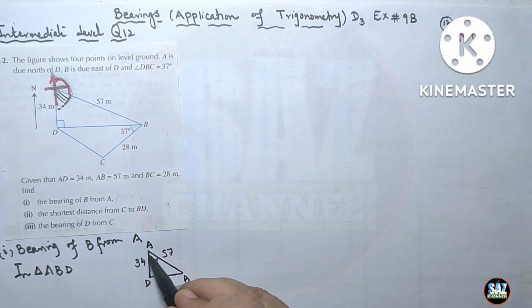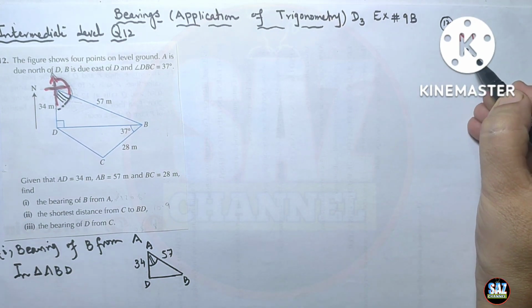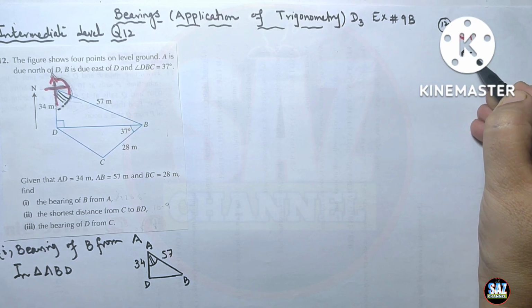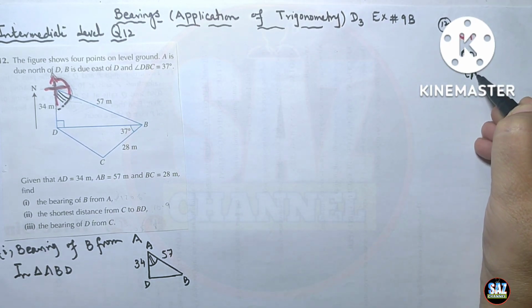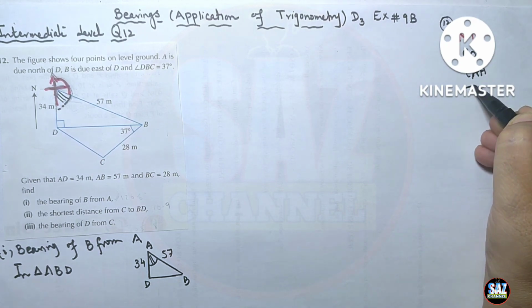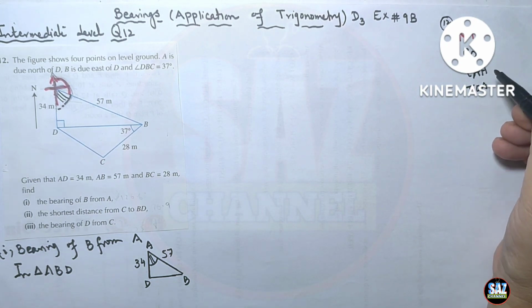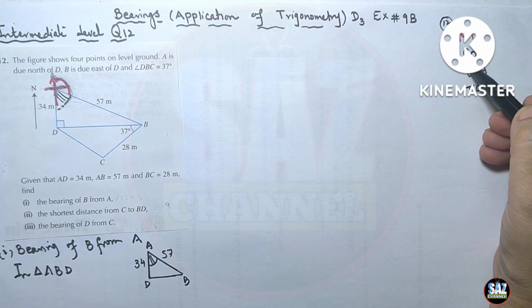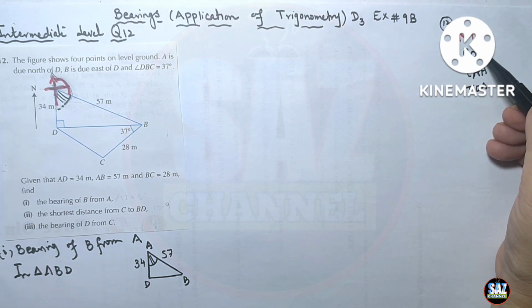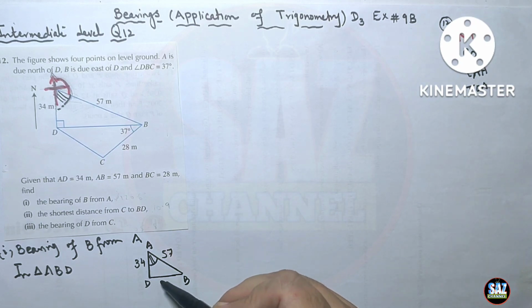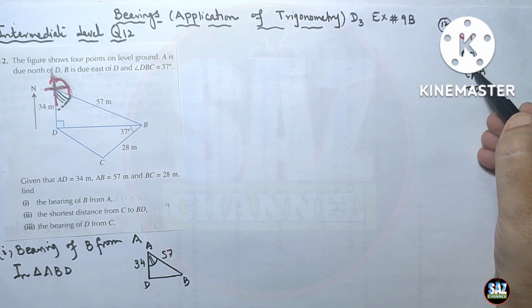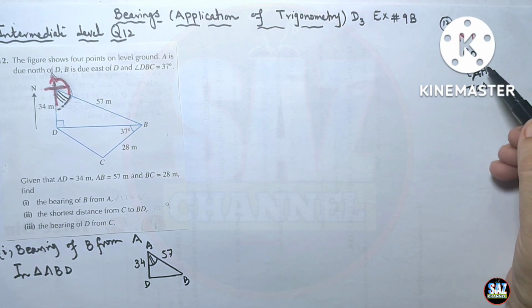So recall, SOH CAH TOA. SOH is sine, opposite upon hypotenuse. As the reference angle is along this line, this will be opposite and it's not given to us. Then let's talk about cos, adjacent upon hypotenuse.